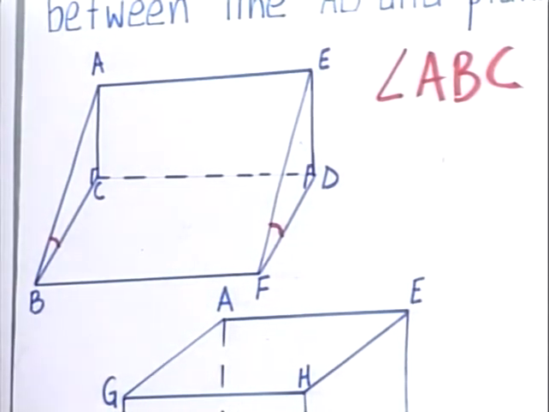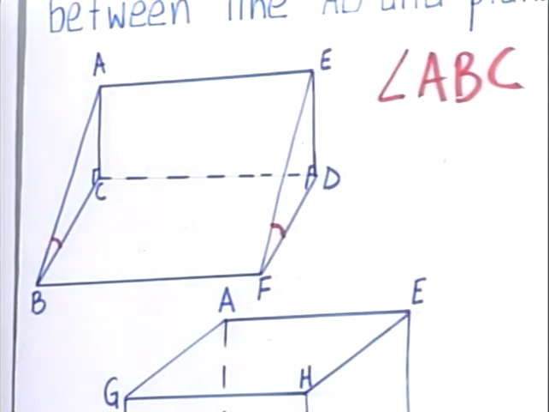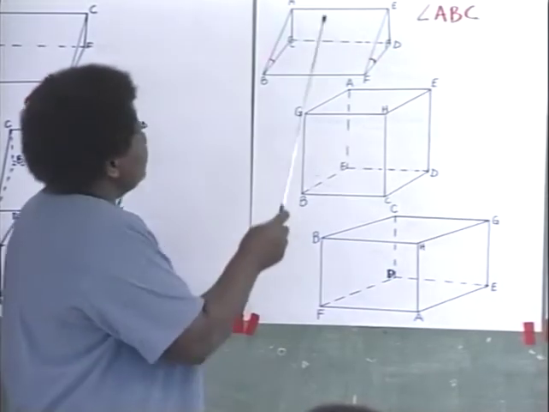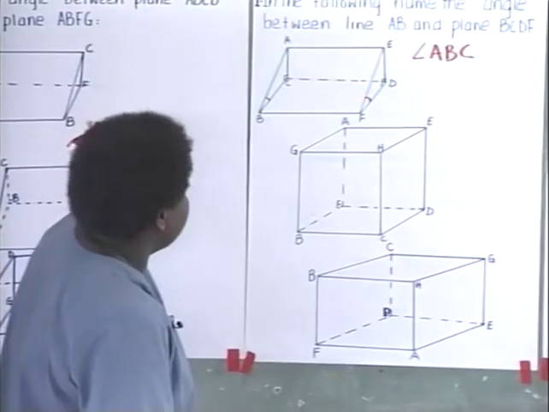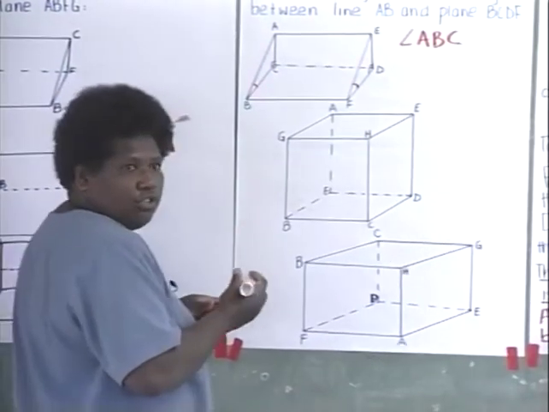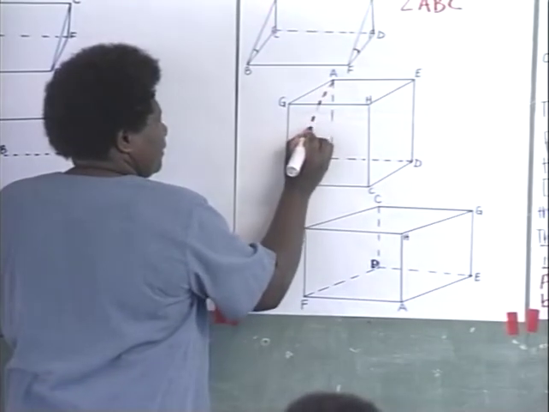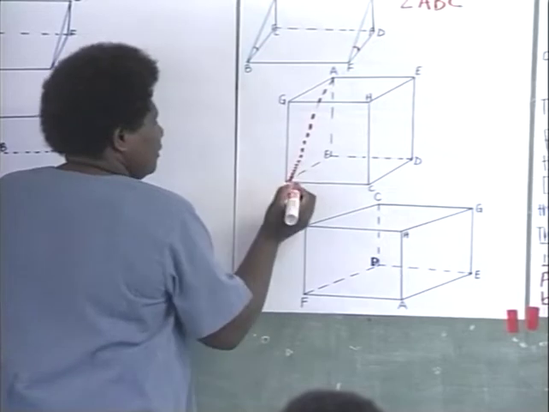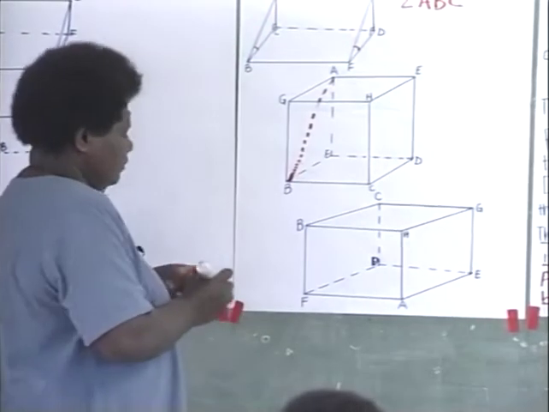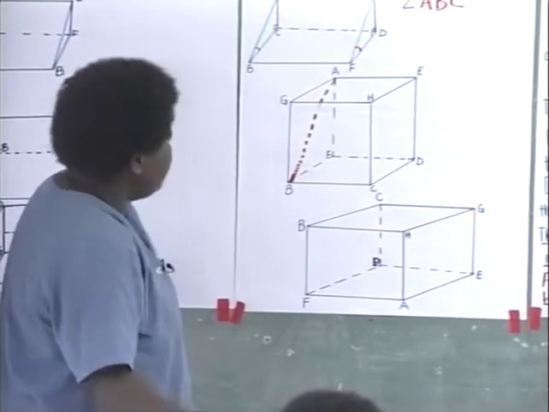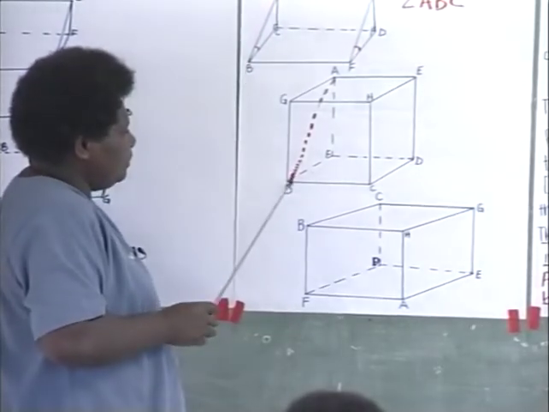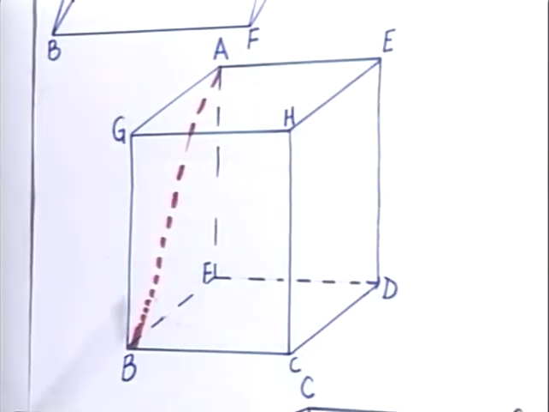Okay, have a look at diagram number 2. Still the same between the line AB and the plane BCDF. Let me just draw the line AB. Okay, this is the line AB. The angle has to be between that line and the plane BCDF, which is the base of the cuboid there, because we don't know whether it's a cuboid or a cube.